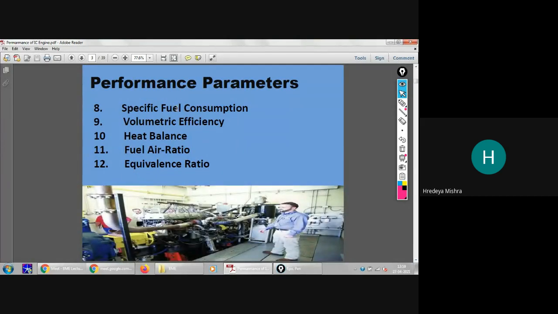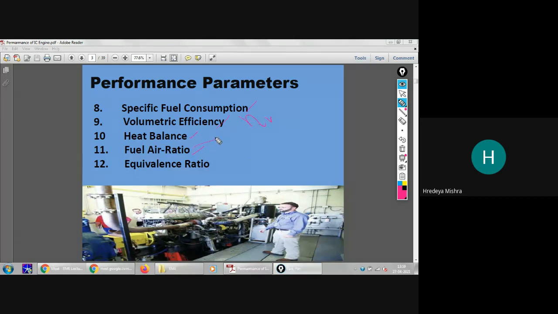Now, what are the other things here? Specific fuel consumption, volumetric efficiency, which we denote by eta V. Heat balance, air fuel ratio.